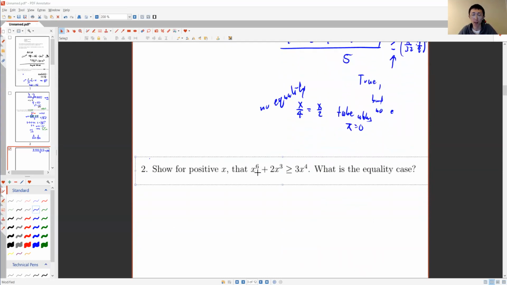So how might we do this one? So it doesn't quite look like the previous problem.